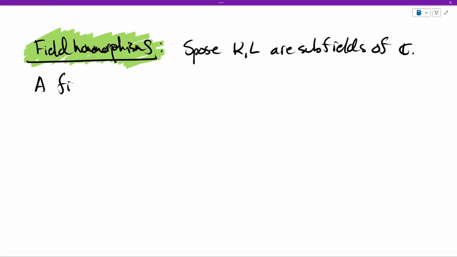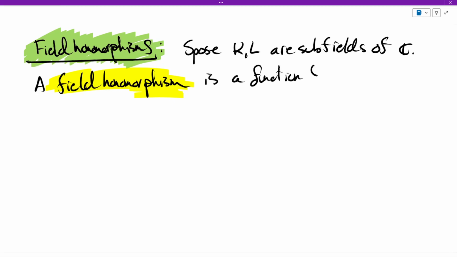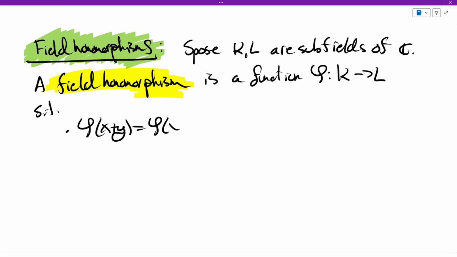A field homomorphism, or just a homomorphism for short, it's implied by the fact that they're fields, is a function phi from K to L such that phi is compatible with the addition, that is, it breaks up under addition, and phi is compatible with the multiplication.